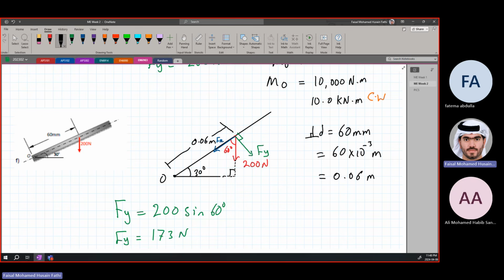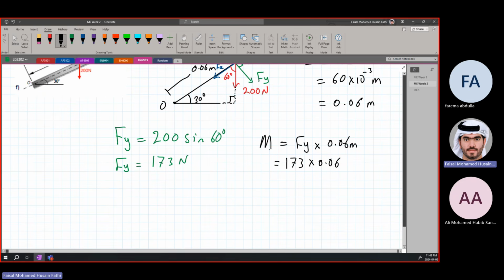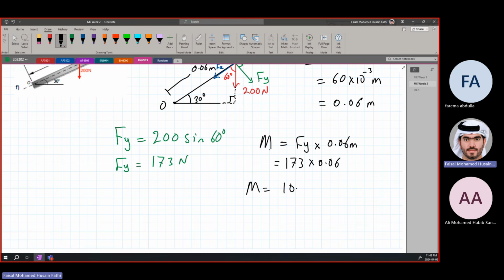And now we can find the moment. M is equal to Fy times the perpendicular distance, which is 0.06 meters. So it's equal to 173 times 0.06. So M is going to be equal to 10.39 newton meters.